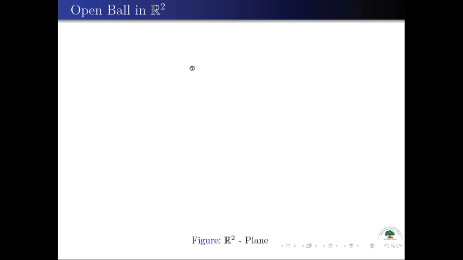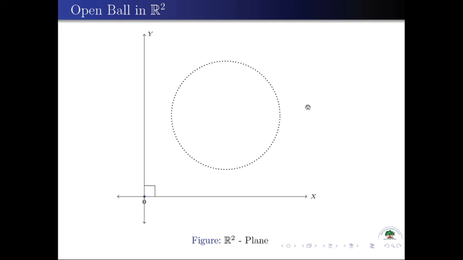So geometrically we represent the open ball in R2. Here we draw the x-axis and y-axis, perpendicular to each other, and suppose A is the origin. We draw the circle with center A and radius r.